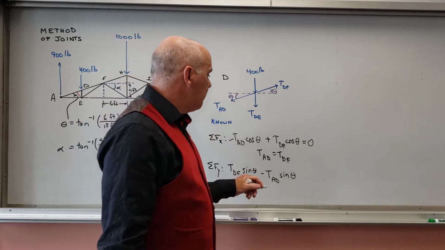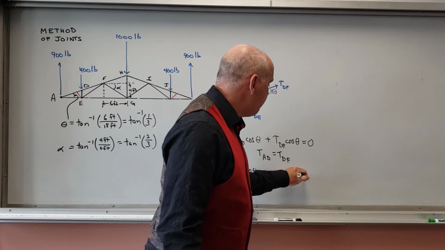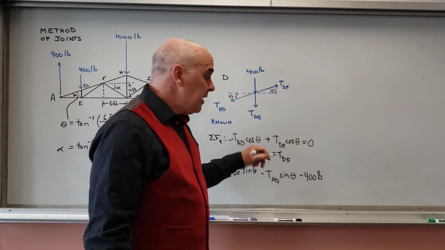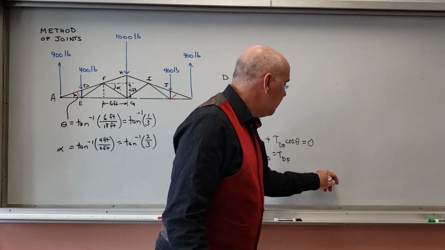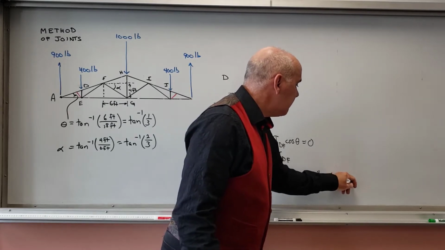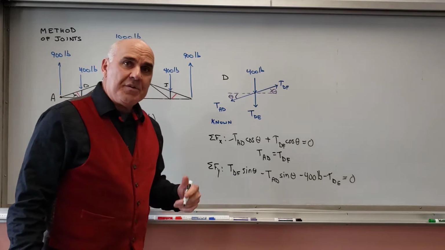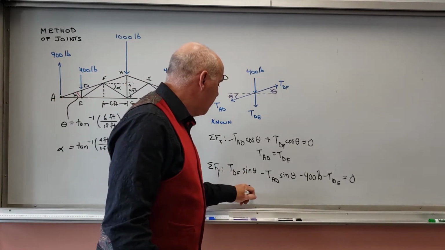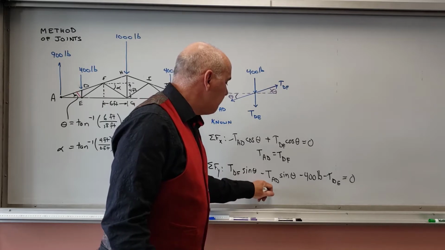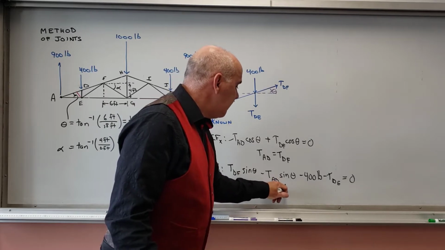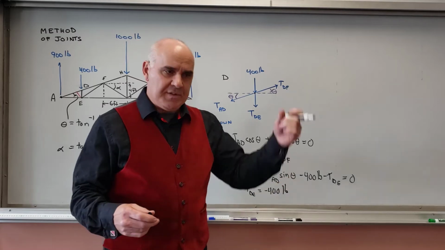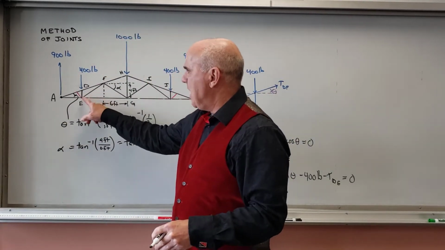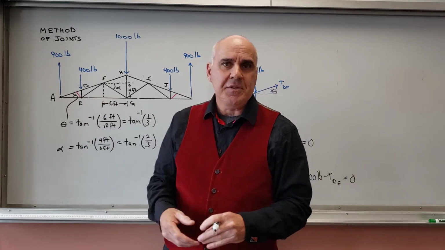And I'm going to be left with, in a downward direction, 400 pounds, and in a downward direction TDE, so minus TDE, and that's equal to 0. And so I've discovered then that TDE is equal to negative 400 pounds, which means TDE is in compression, which makes sense because there's 400 pounds pushing on it. So it makes sense that if I'm pushing down on TDE, it's going to be in compression.